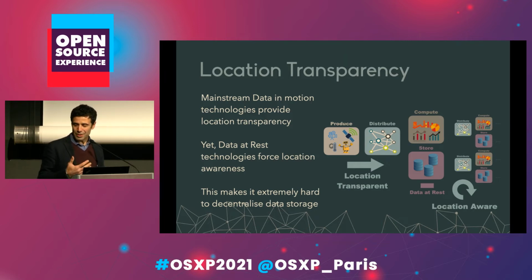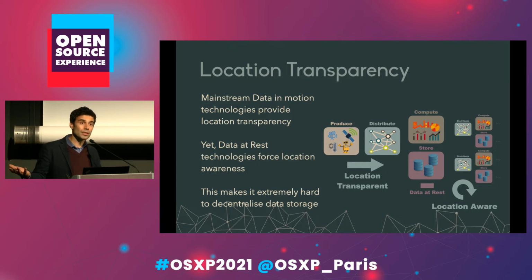This is actually okay if you have one database, or if you are a big fan of the cloud, so you have a centralized architecture. But if you look at where we are going with decentralization and the kind of applications we work with, more and more you have the need to decentralize computation and decentralize storage, and as soon as you decentralize storage, the question is, how am I going to find my data?